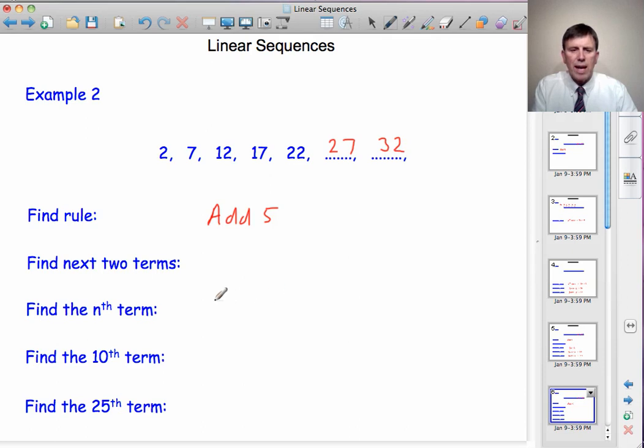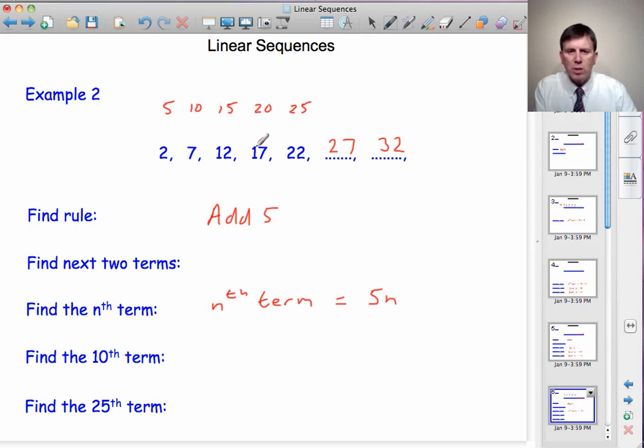Now I'm going to look for the nth term. So the nth term, if I want the sequence to go up in 5s, my nth term will be based on the 5 times table. So in the formula we will have 5n. But if I do the 5 times table, that gives me 5, 10, 15, 20, 25 and so on.